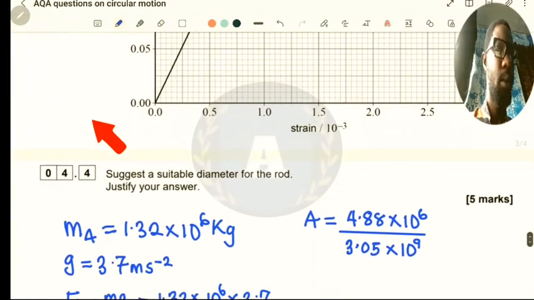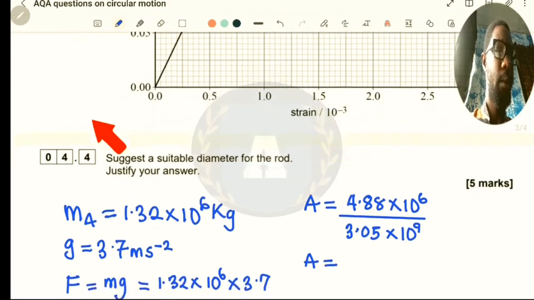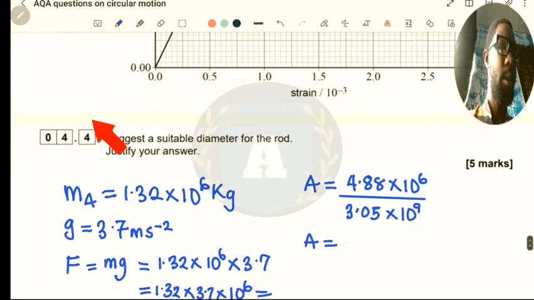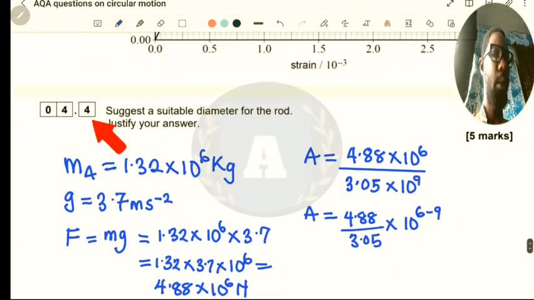So we can now say, therefore, that our area is 4.88 divided by 3.05 times 10 to the power of 6 minus 9. 4.88 divided by 3.05 gives 1.6.